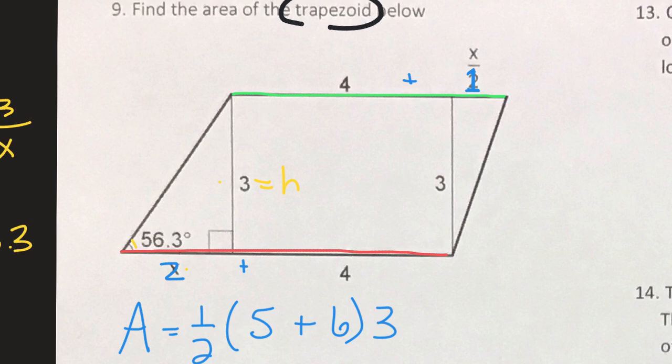This is 11. 11 times 3 is 33. So what's half of 33? I believe that's 16.5. And since we don't have any units, once again, we're going to have square units as our final answer. 16.5 square units would be the area of this trapezoid.